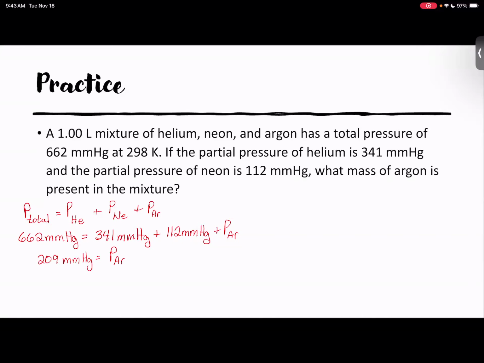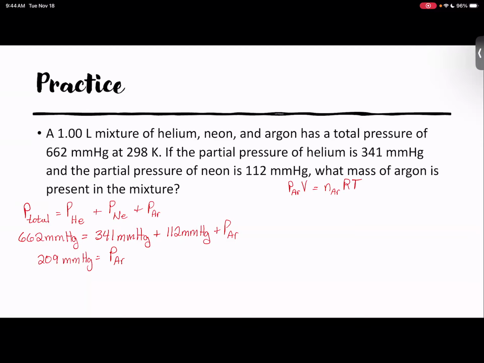But we need the mass of argon. So the next thing we're going to have to do is use the fact that the pressure of argon times the volume is equal to the moles of argon times R times T.